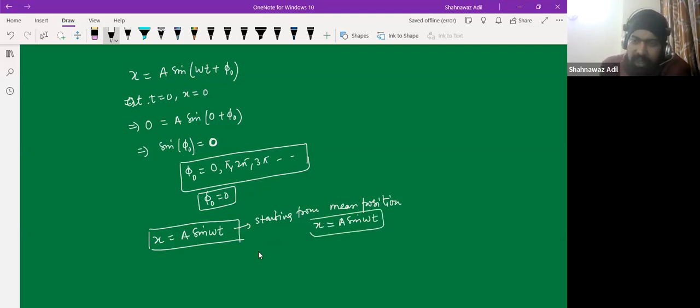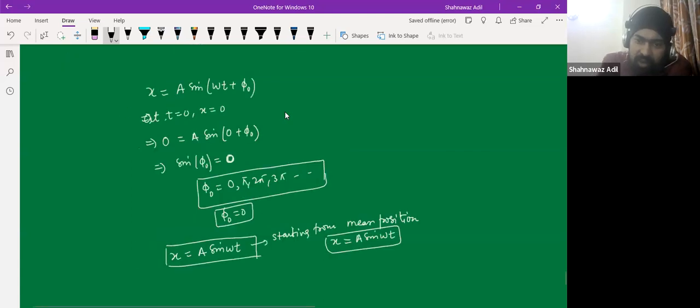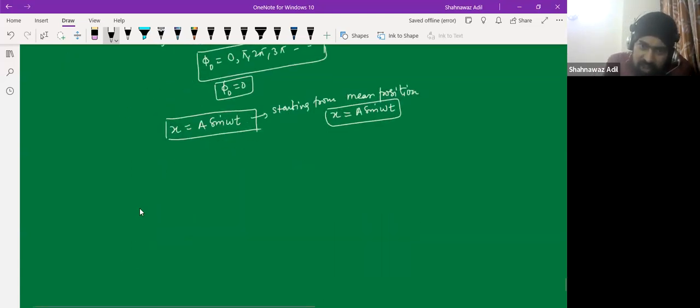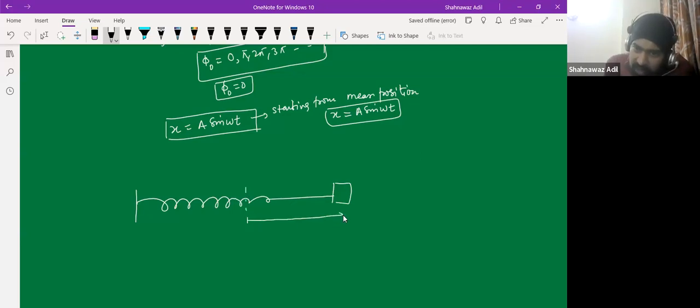Okay, and now let's say the second condition is that the object was here, but it is starting from the extreme position. So this was the object, and now this object is starting from extreme position.